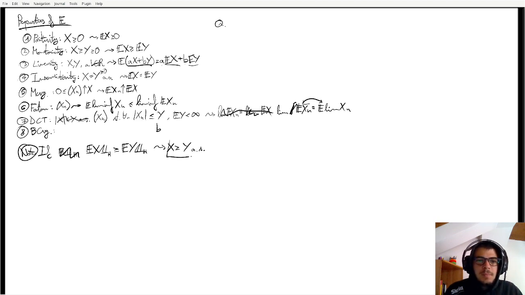By this we mean that all the possible values that x can take are larger than y.